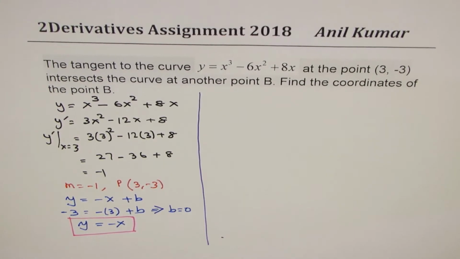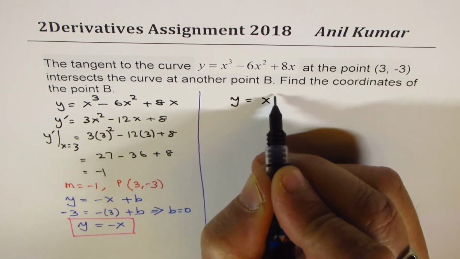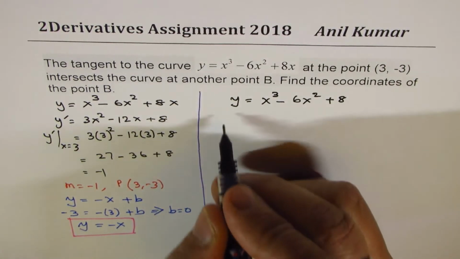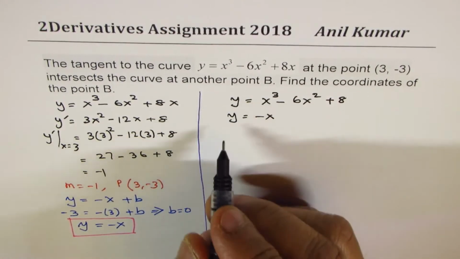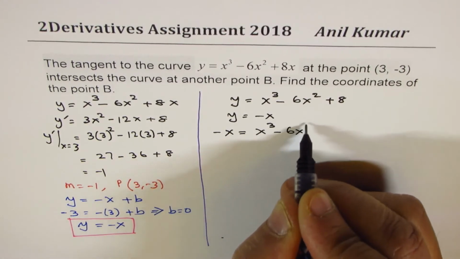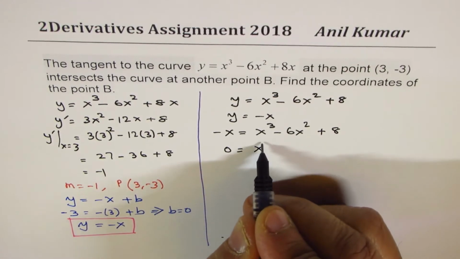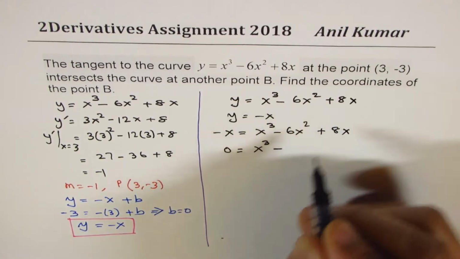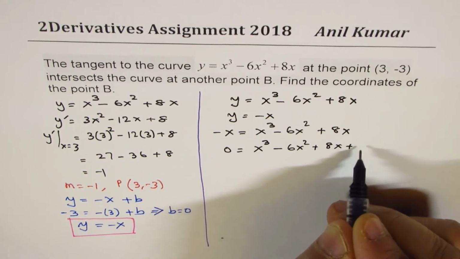So now it's a question of finding the second point B. So we have the curve, which is y equals x cubed minus 6x squared plus 8x, and we also have y equals minus x. Substituting minus x for y, we get minus x equals x cubed minus 6x squared plus 8x. Bringing them together, we get 0 equals x cubed minus 6x squared plus 8x plus x.